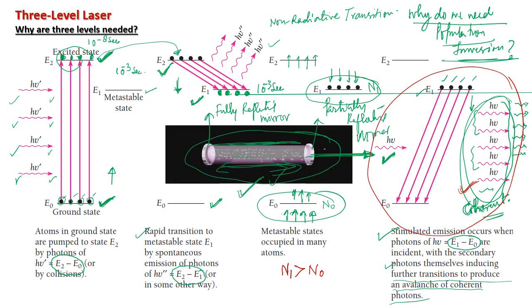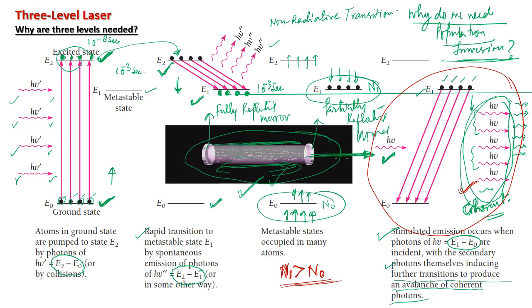So what I'm trying to say is, when there are more atoms in the metastable state than in the ground state. Try to understand this, because Einstein said, and I have already explained, that there is an equal probability of stimulated emission and stimulated absorption.